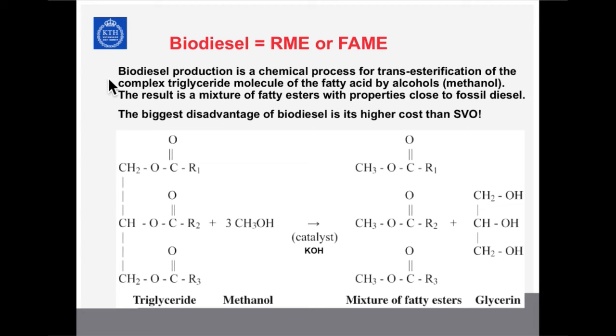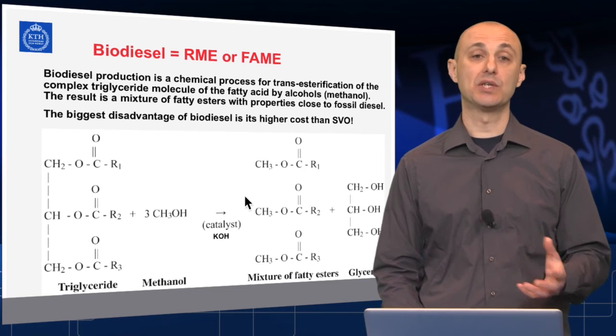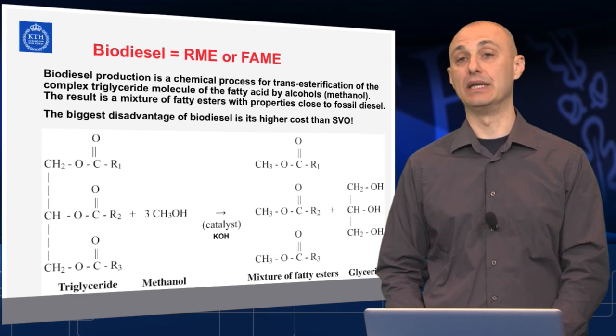It is a chemical process of transesterification of a complex triglyceride molecule of the fatty acid, by forcing it to chemically combine with alcohols, most commonly with methanol, the cheapest and the most reactive alcohol. It is necessary for the process to use a catalyst. Alkalis are the best catalysts, especially sodium or potassium hydroxide.